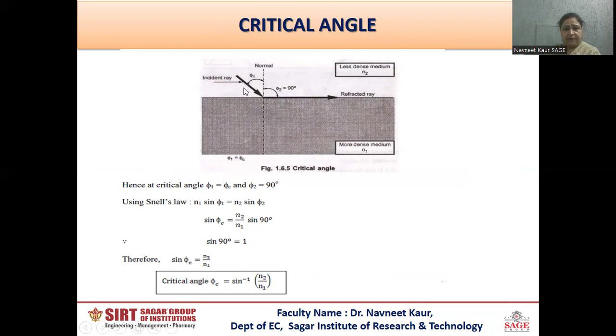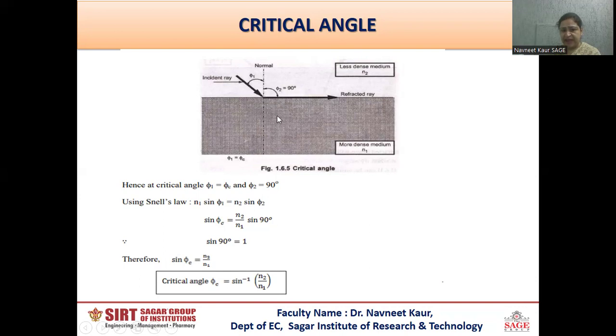Now, say I have an incident ray which is making an angle of incidence phi 1 with the normal. Now, if I go on increasing phi 1, the angle of refraction will also go on increasing. If this angle of refraction goes on increasing, this light ray will now be shown parallel to this interface.